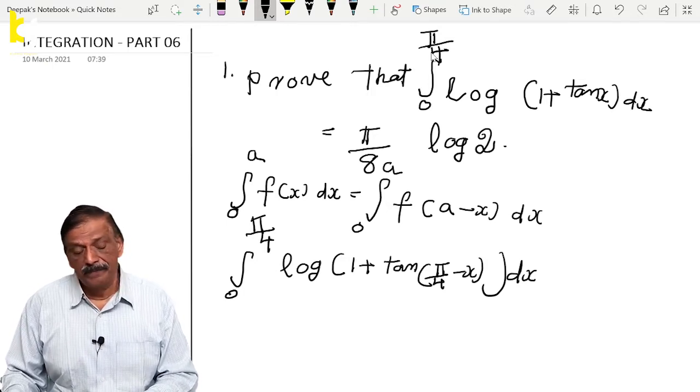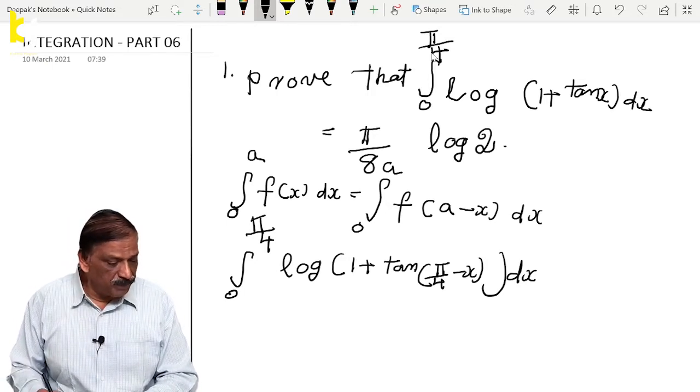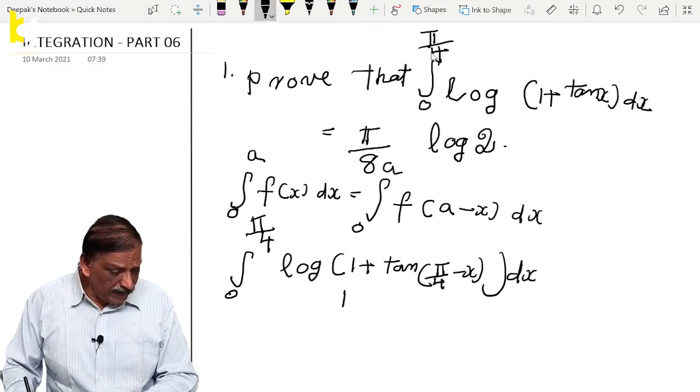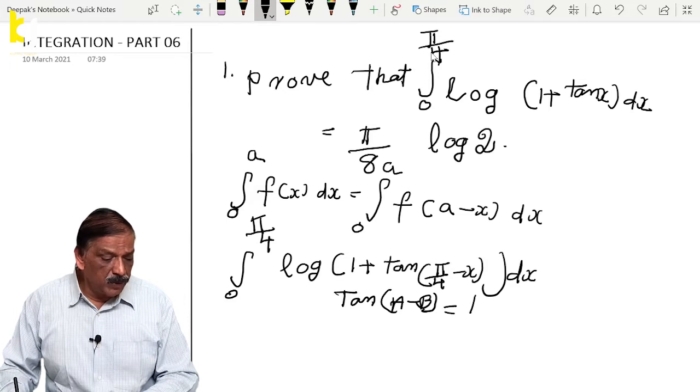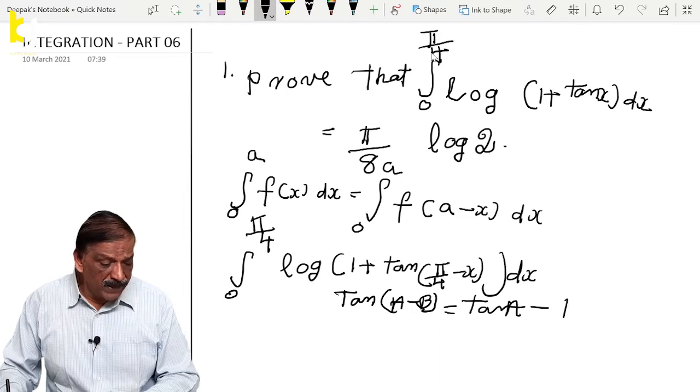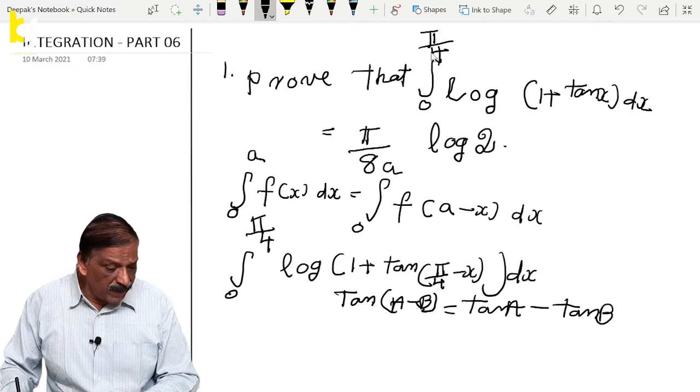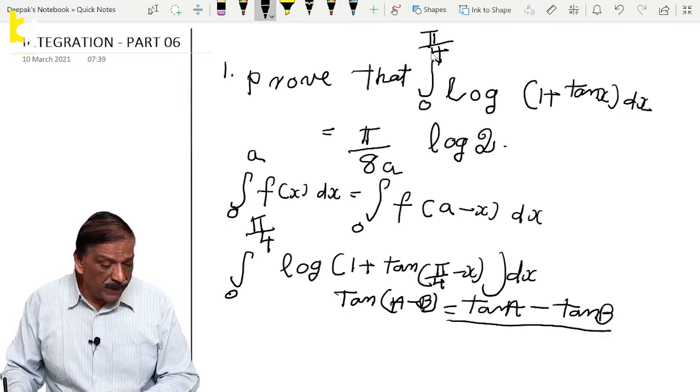So this is equal to, we know tan a minus b is equal to tan a minus tan b, whole divided by 1 plus tan a tan b.